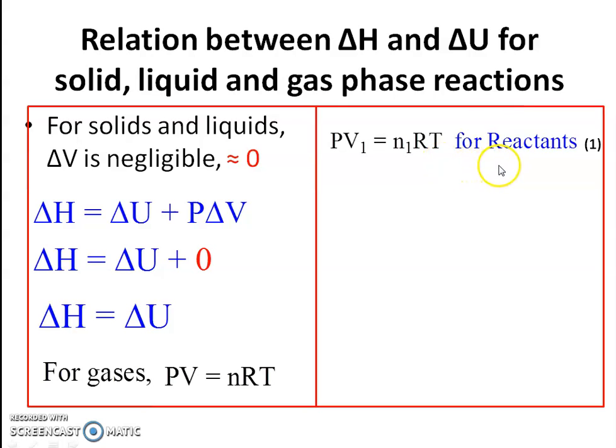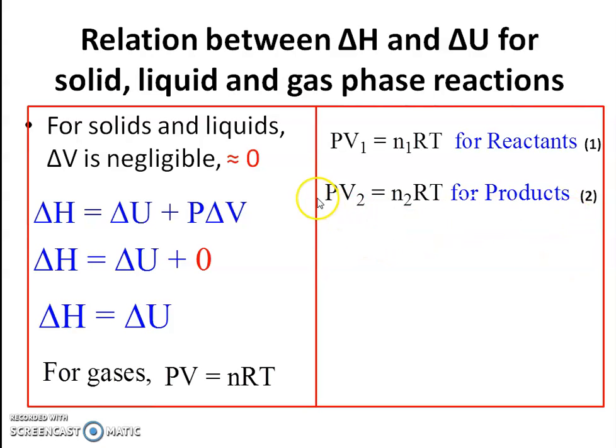This is for reactants. Actually V1 is the volume of reactants, n1 is the number of moles of reactants, P is pressure, R is gas constant, T is temperature. These three terms are constant because we are keeping pressure and temperature constant and gas constant R is also constant.